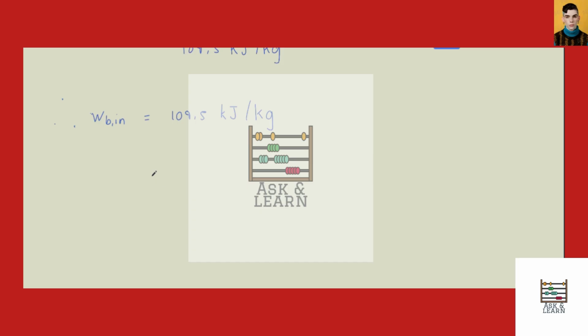Now the temperature of the final state we can find as well. So the final state has temperature T2, which is equal to T1 into P2 over P1, the ratio of the pressures, to the power, again, n minus 1 divided by n. So we substitute our values in here.